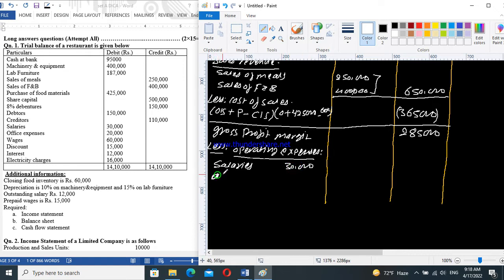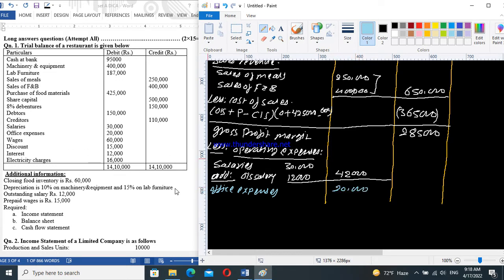Add outstanding salary. OS means outstanding salary. The amount is 12,000. Then you can total this value: 42,000. Next we have office expenses, 20,000.